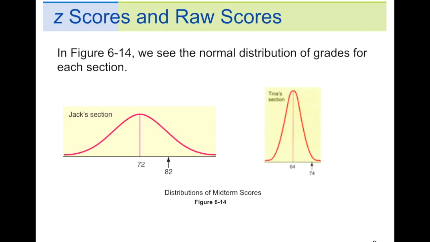So what you can determine from this is that Tina's grade is actually much better compared to the rest of the students in her class. It's a lower probability for her to get that 74 because there's so little room in this area, but there's a lot of room from the 82 onward.